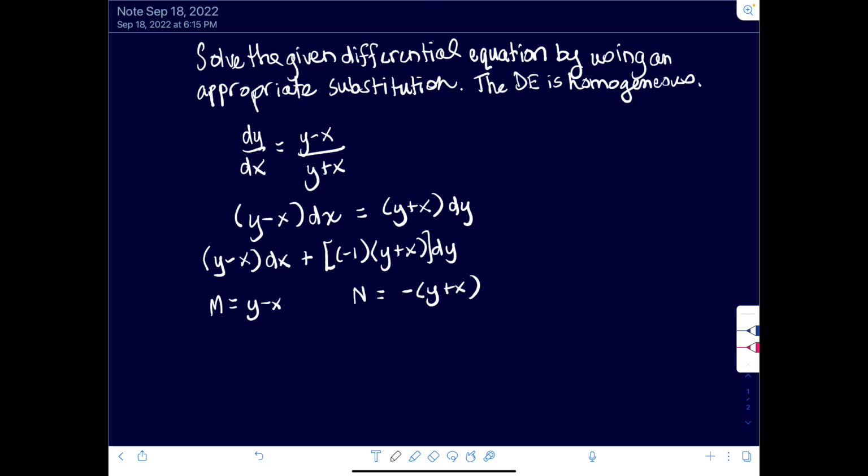So if we let y equal to ux, because that's typically the one we try first, we would get dy, using differentials in the product rule, is going to be u dx plus x du.